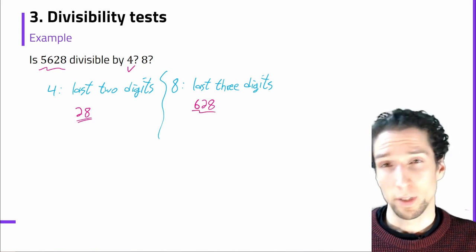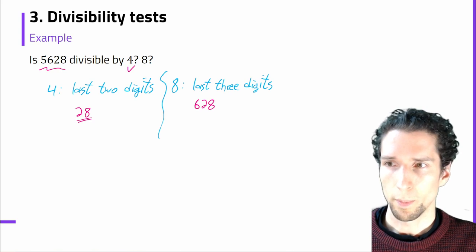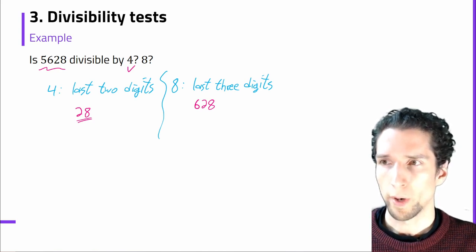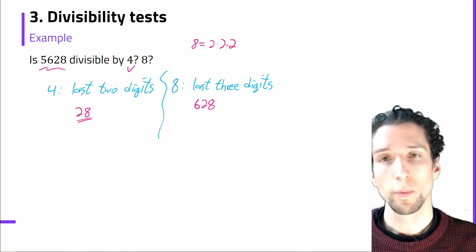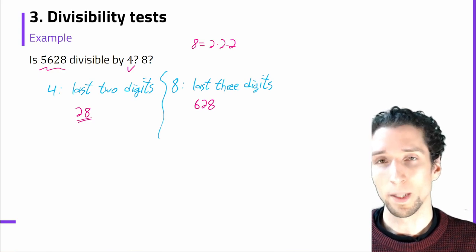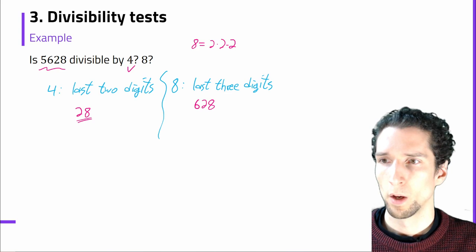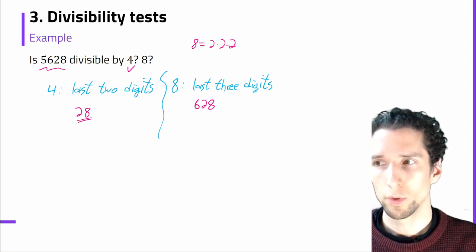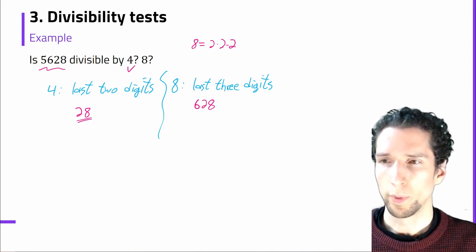We might not be able to immediately recognize this, but we can also do this in parts. 8 is obviously 2 times 2 times 2. So we can check for divisibility by 2 a few times and see what we get. We can divide this by 2 twice, obviously, because it is divisible by 4. So we can at least do that much.